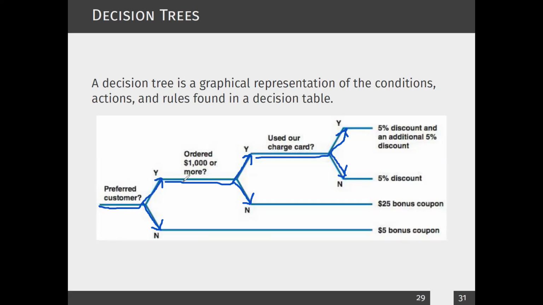If you're a preferred customer, but you have not ordered 1,000 or more, then you will get a $25 bonus. Simply, if you're not a preferred customer, then you will get a $5 bonus. So you can see, compared to the decision table that we have seen, this is easier to represent.